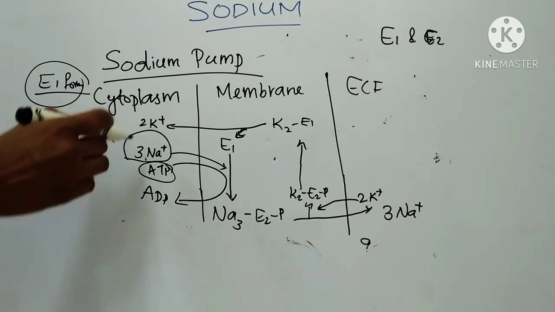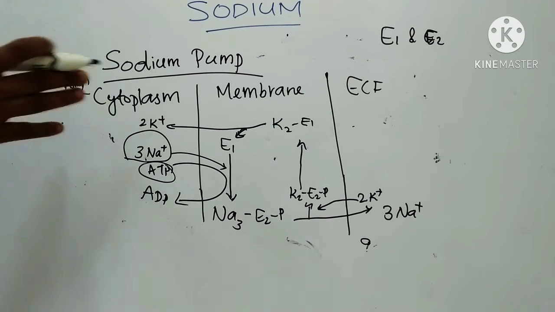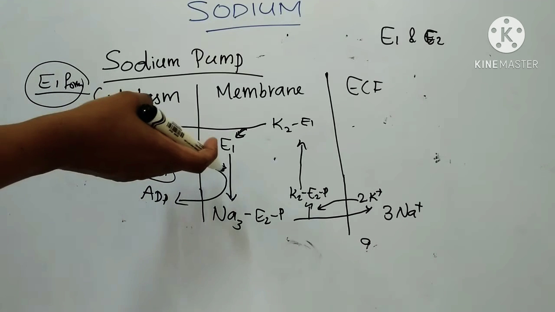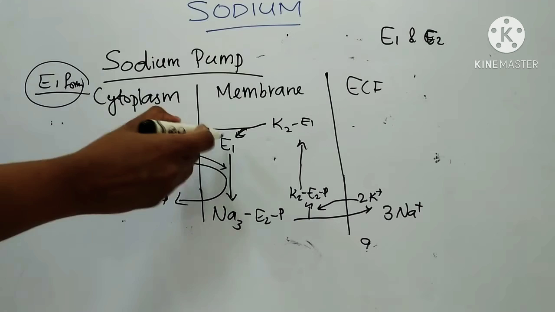3 sodium ions from the cytoplasm bind with the ion binding sites of E1.